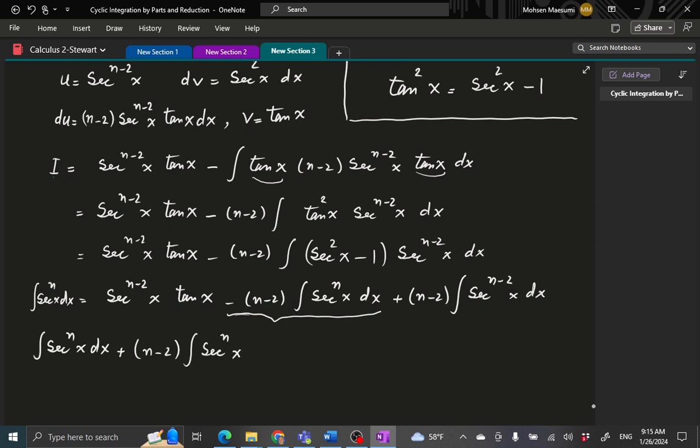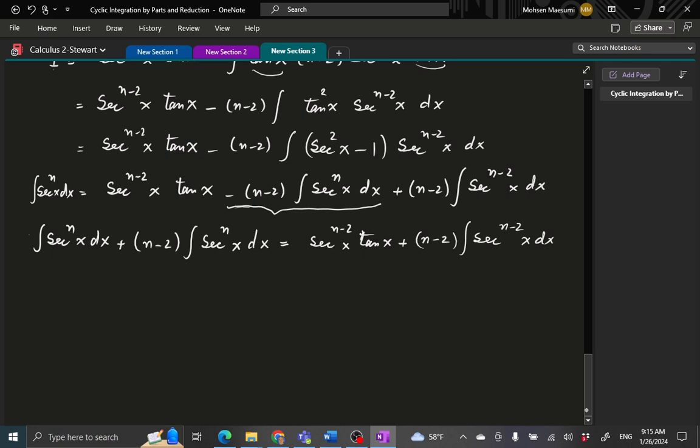That's the magic that makes it work, that we went back to what we had, and now I write whatever else is left on the right hand side as it was. This expression, I have it here, and then n minus 2 of the integral of secant to the power of n minus 2 of x dx. Well, this is one of this and n minus 2 of the same thing, so it becomes n minus 1 of that thing. N minus 1, so 1 plus n minus 2 is n minus 1.